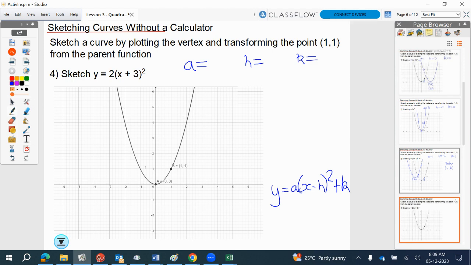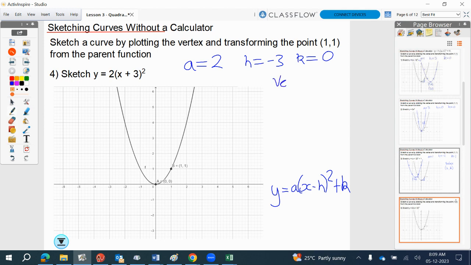Okay, let's look at the answers. What are the values of a, h, and k? 2, -3, and k? What are the coordinates of the vertex? Very nice.